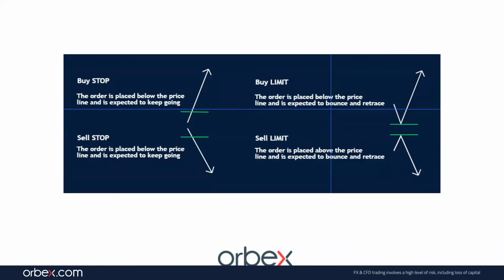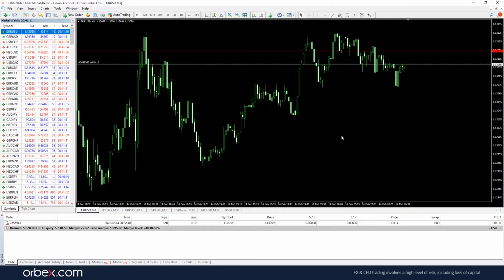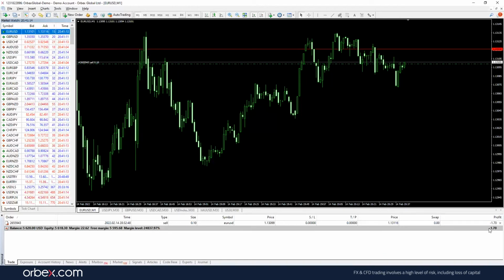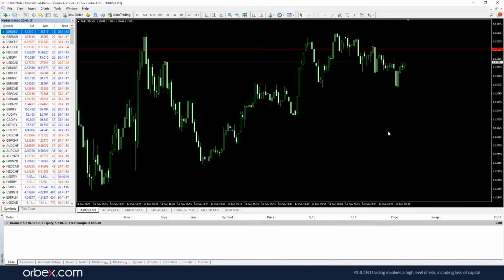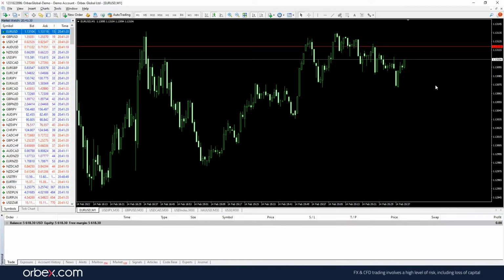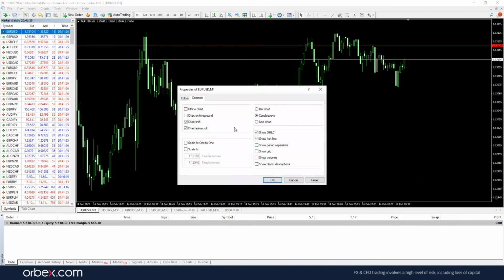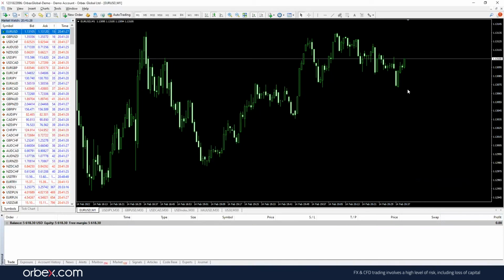So how does that work on the MT4 platform? Let's take a quick look. I'm not getting anywhere with this trade, unfortunately, so I'm going to close it. We don't mind too much that we are in a deficit. I'm going to take the ask line off so there's a little less information on the chart.